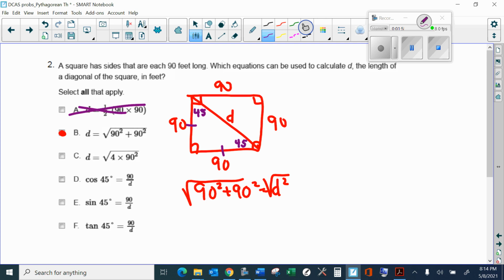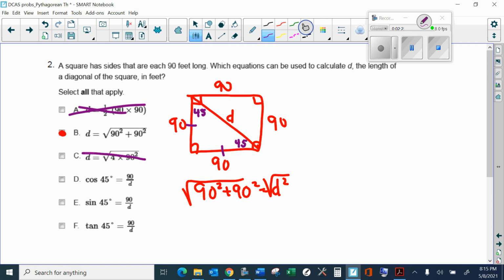This one's out, it's not half of it. This is out. It's not 4 times 90 squared, it'd be 2 times 90 squared. Because 90 squared plus 90 squared, we need 2 90 squares.